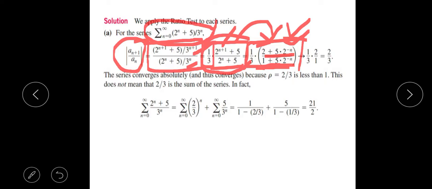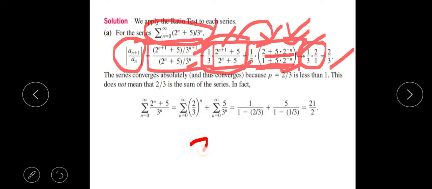So when n tends to infinity, this term will be 0, and similarly in the denominator the term 5 multiplied by 2 raised to minus n will be 0 when n tends to infinity. So finally the expression reduces to 1 by 3 multiplied by 2. This is nothing but 2 by 3.